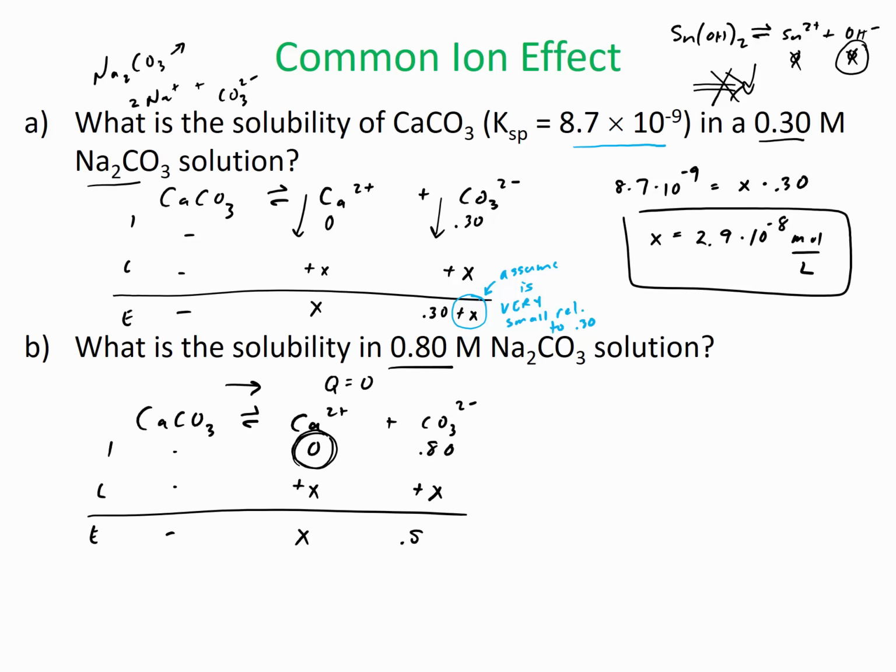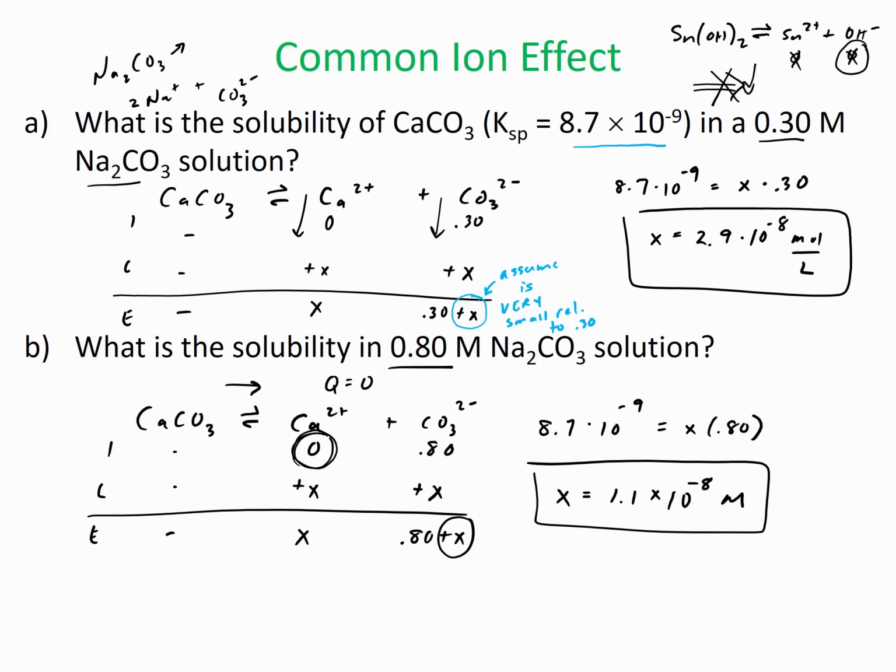So this would be 0.80 plus x, assume. Now we have 8.7 times 10 to the negative 9th equals x times 0.80. If we punch this into our calculator, I get 1.1 times 10 to the negative 8th molar. They seem to prefer writing it moles per liter.